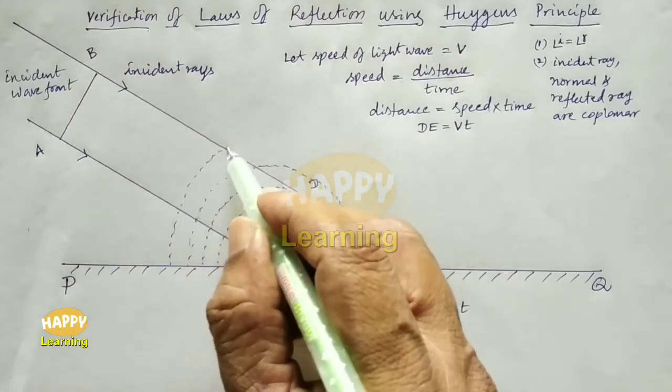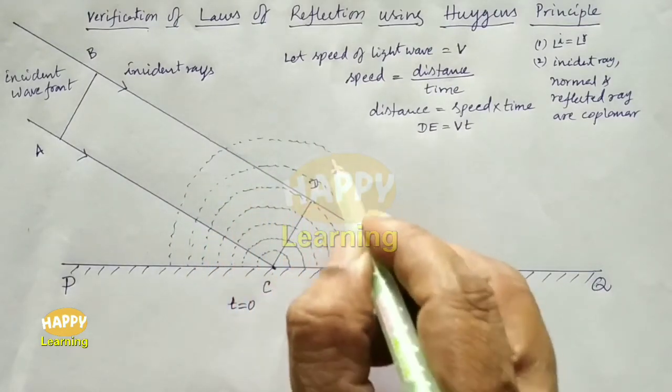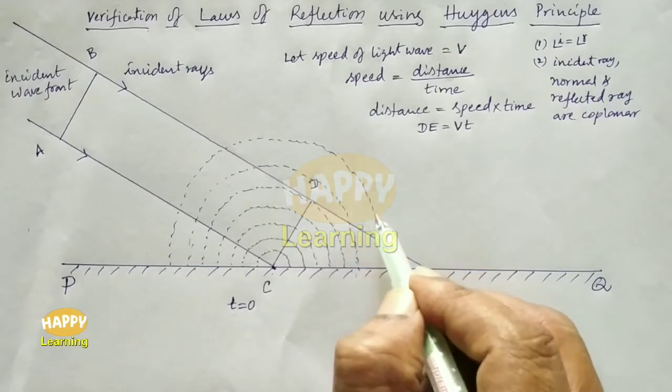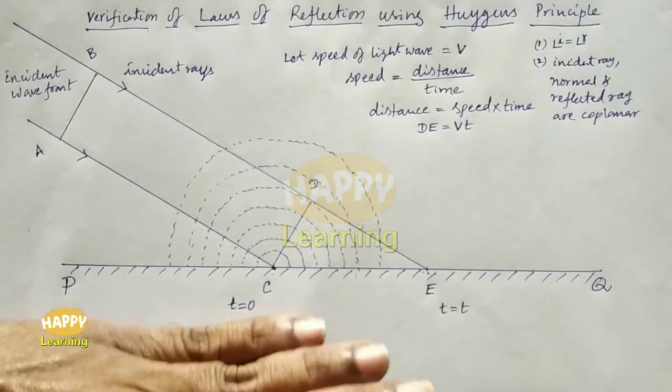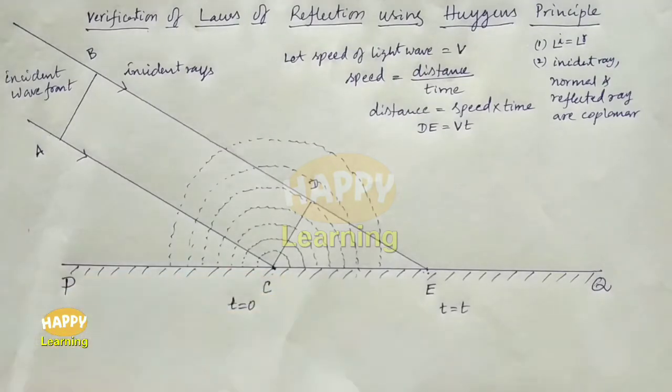The secondary wavelet started from point C is spreading in the upward direction. Here it is an opaque reflecting surface, light cannot enter into it, so there is no wavefront at the bottom.